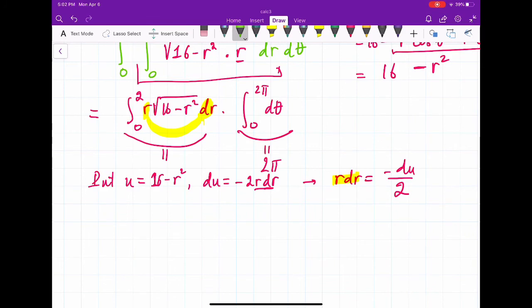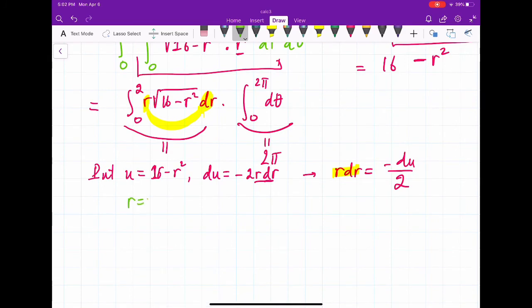If you want, you can change the integration limits. When r is equal to 0, you have u equal to 16 minus 0, which is 16. When r is equal to 2, you have u equal to 16 minus 4, which is 12.